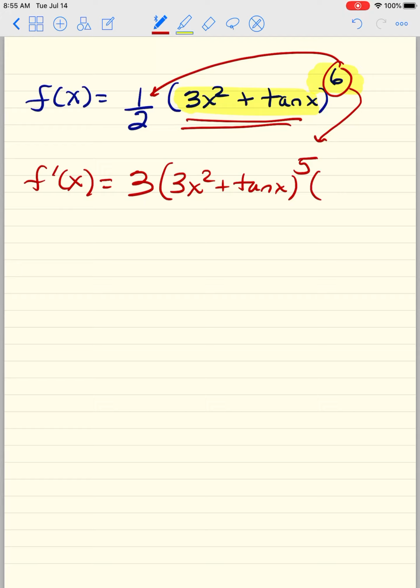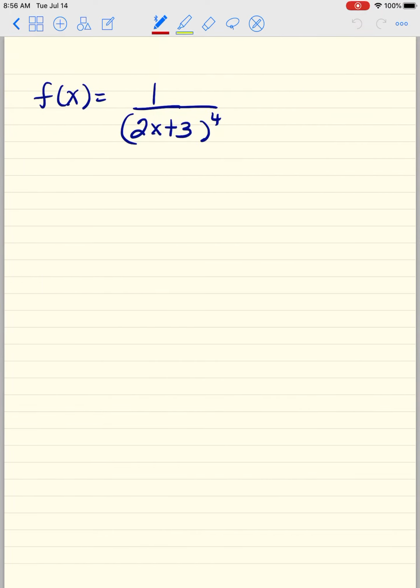And then times it by the derivative of the inside. The derivative of 3x squared is 6x to the first. The derivative of tangent, I hope you guys remember, it's powerful, so it has a power. Tangent always goes with secant, so it's secant squared x. And then you just leave it like that. And that's how you do the chain rule.